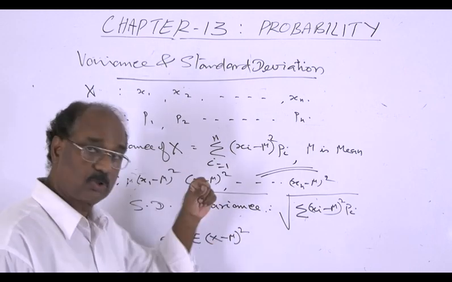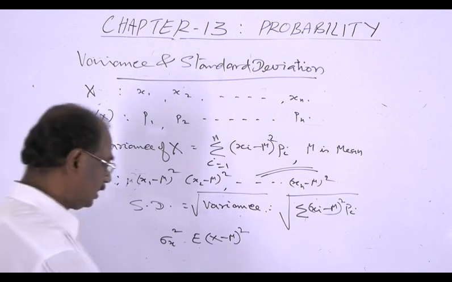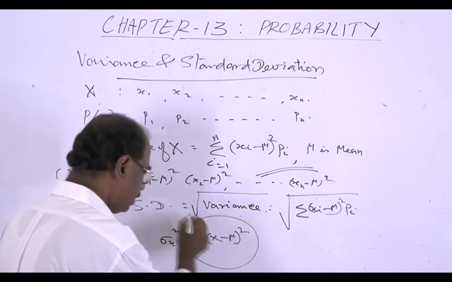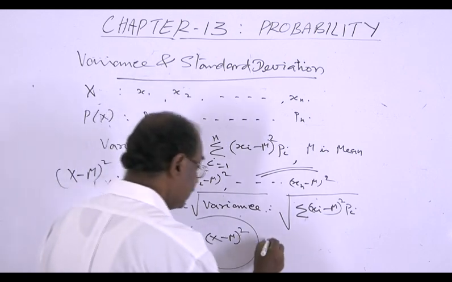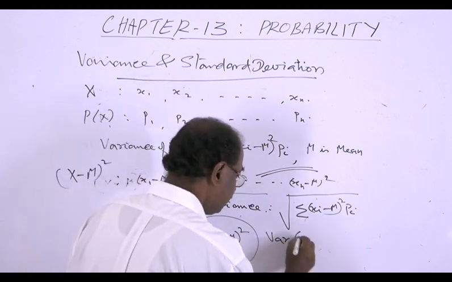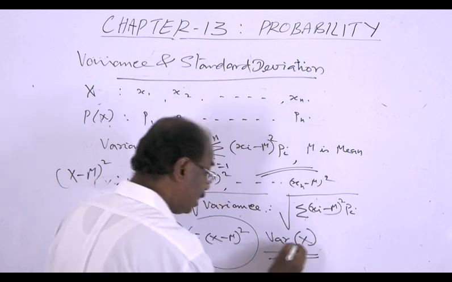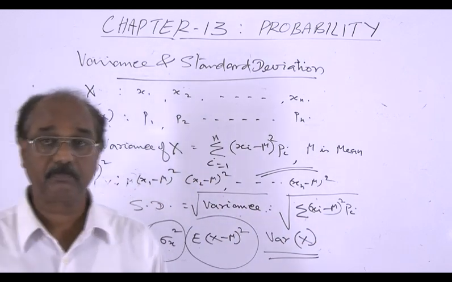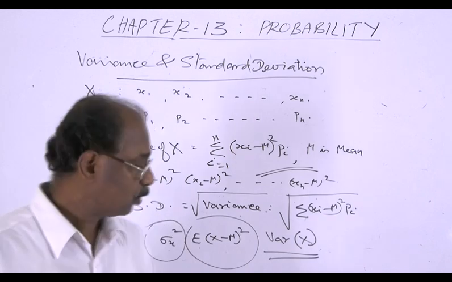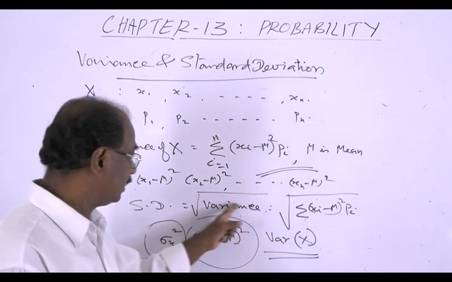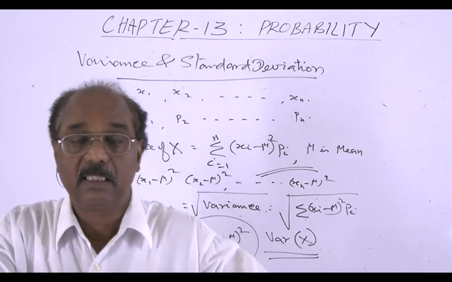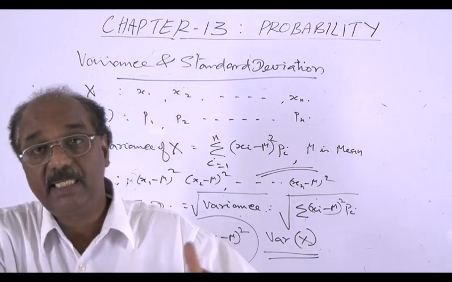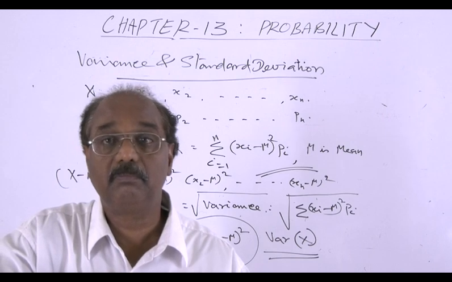It is also denoted by var x, variance of x. And the square root of this is the standard deviation. So this is the variance and the standard deviation of a random variable.